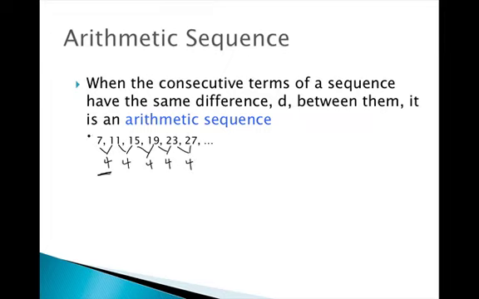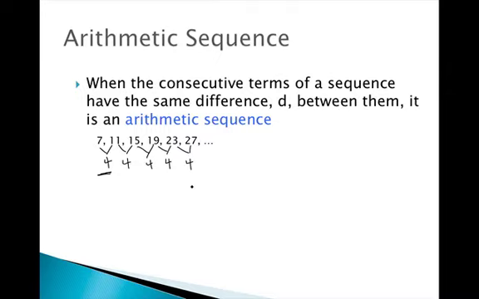The difference between each of the consecutive terms is the same. It's 4 in this particular sequence. So because the difference between every single term is the same number, it is considered to be an arithmetic sequence.